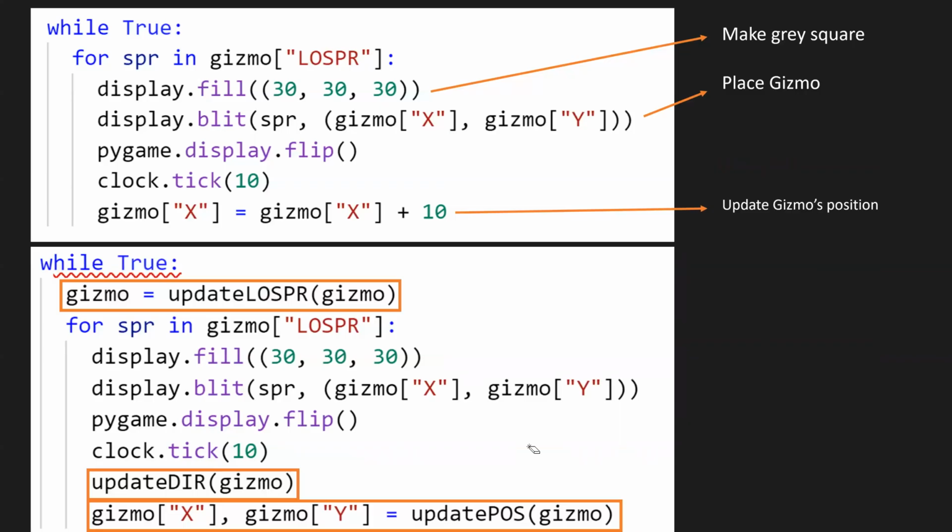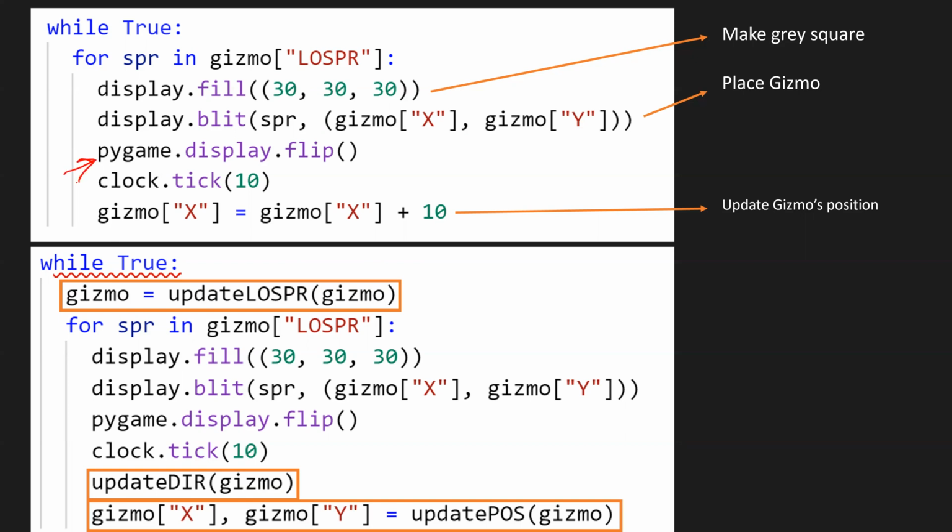Okay, so here is our code as it is right now. Look at it. This is the actual script, the part that is in charge of changing the sprites, changing the images for Gizmo and making it move to the right. This part simply fills the screen with black color. This part is in charge of placing an image of Gizmo.